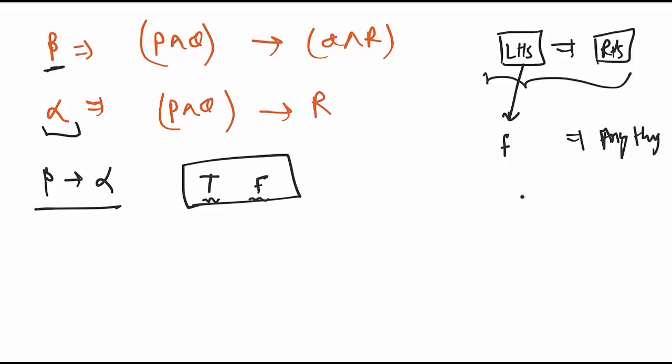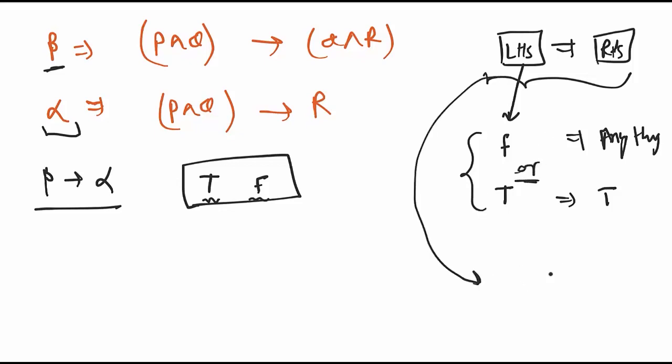And if we want to make it true, there is another possibility, that is LHS is true and RHS is also true, right? So there are two possibilities to make it true. Any formula like LHS imply RHS has two possibilities to make it true. But there is only one possibility to make it false, that is the true false combination, right?